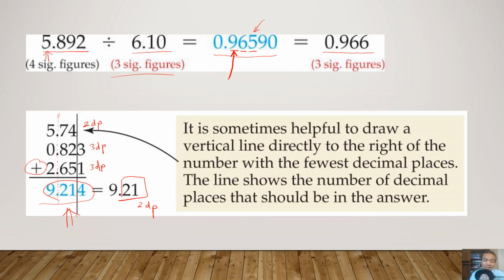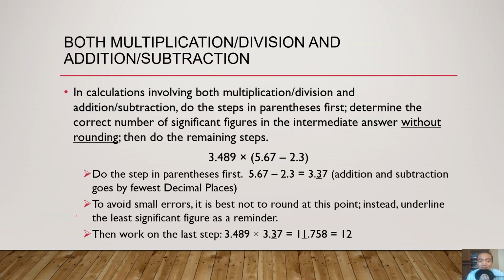All right. Now let's talk about how you round it in the multi-step calculation. Do you remember in multi-step calculation, you never round it in the middle. But let's see how we can still keep the correct number of sig figs or decimal places. So when you have a calculation like over here, the first step is always going to be the calculation in the parentheses.